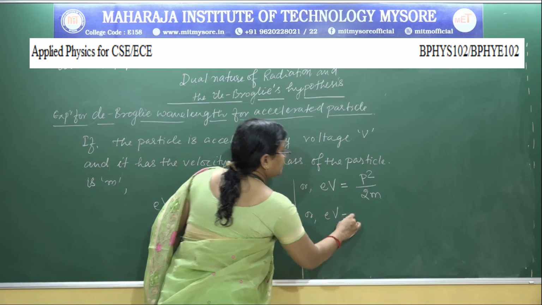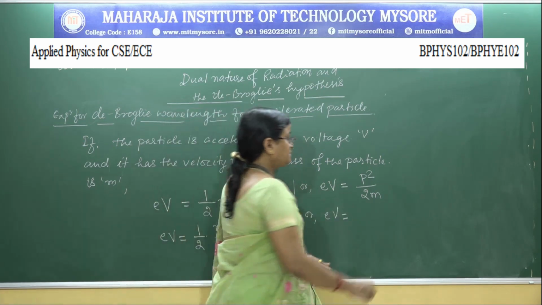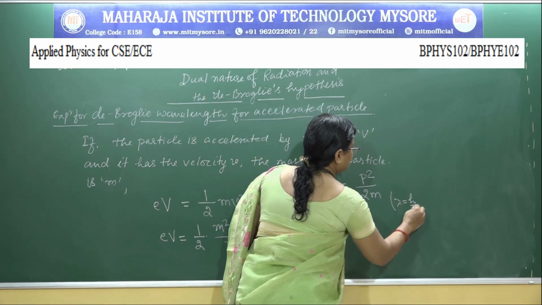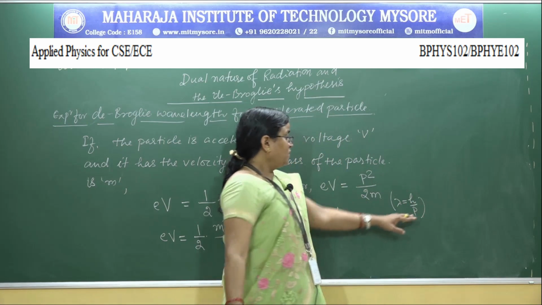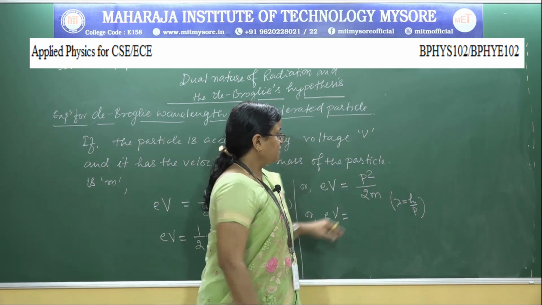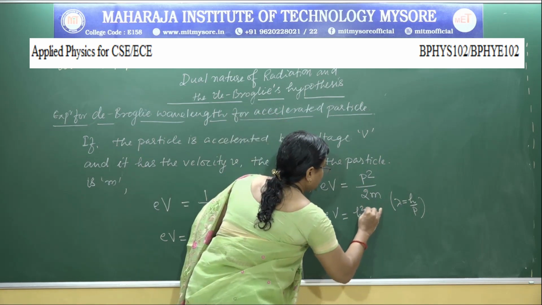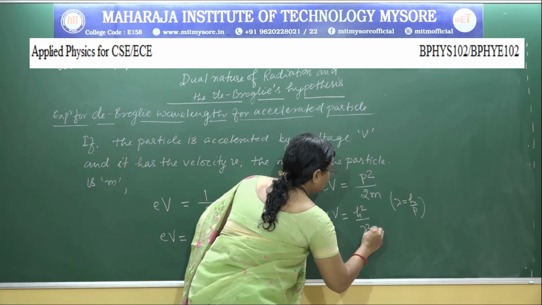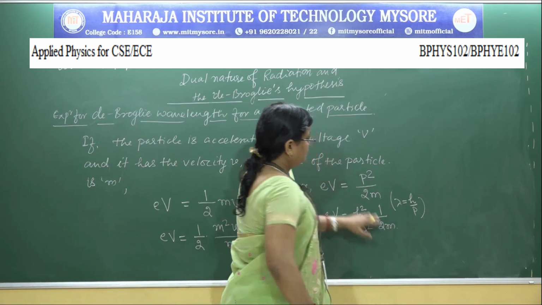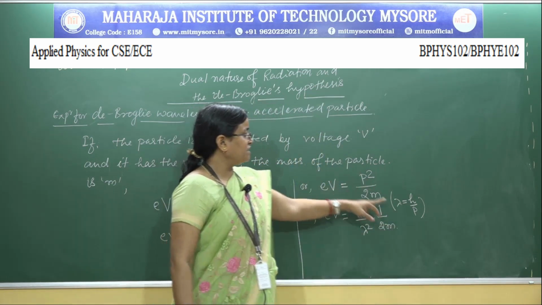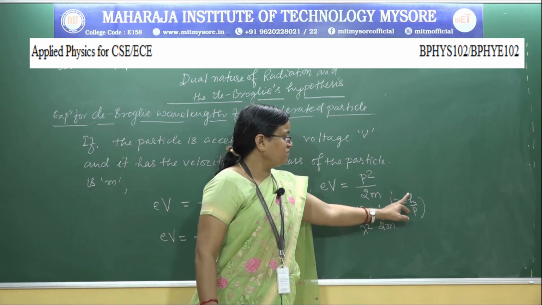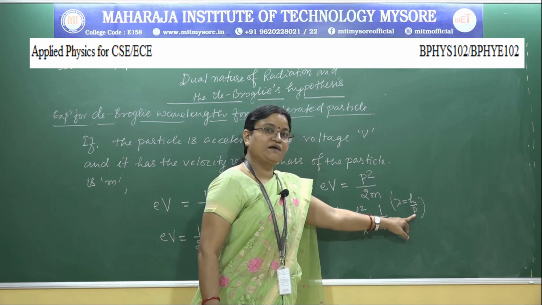Now taking the expression for the de Broglie wavelength, lambda is equal to h by p, so p will be equal to h divided by lambda.